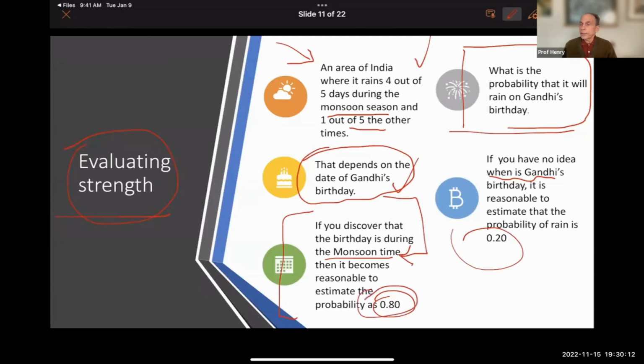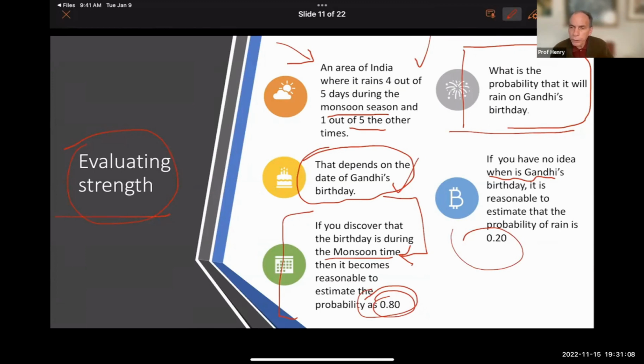And is that a strong or weak argument? When I say that, I'm really asking whether it is strong in the sense that one could say your conclusion is that it will most likely rain on Gandhi's birthday.